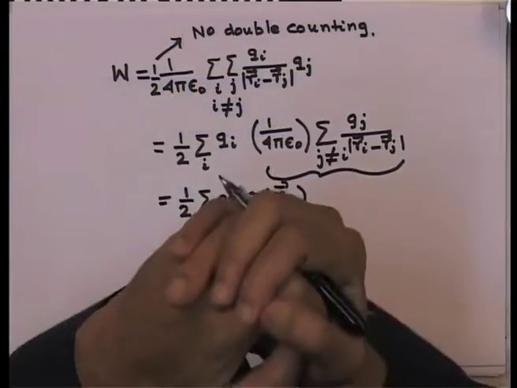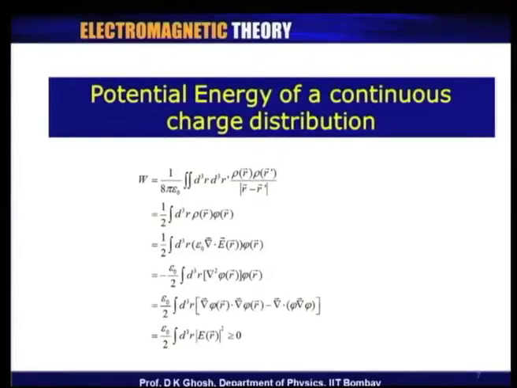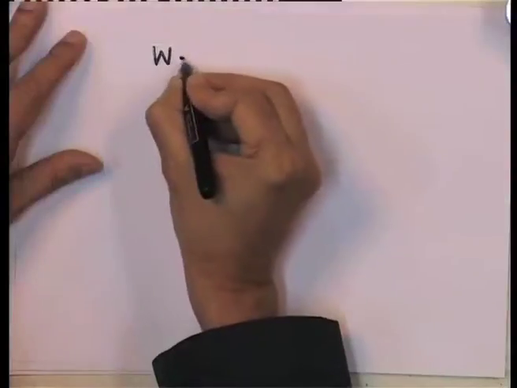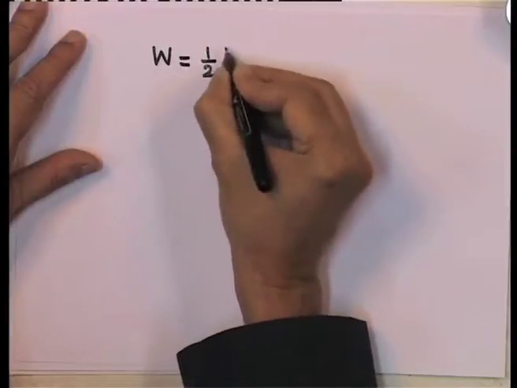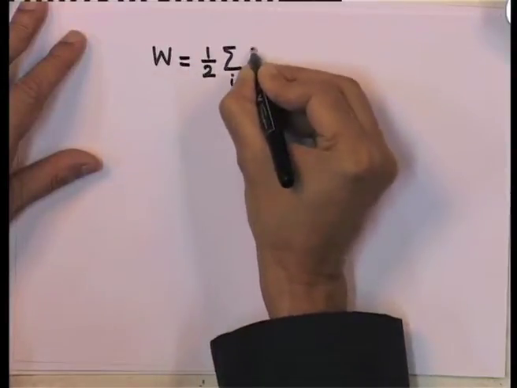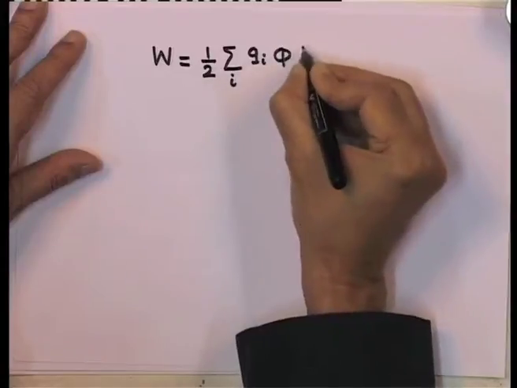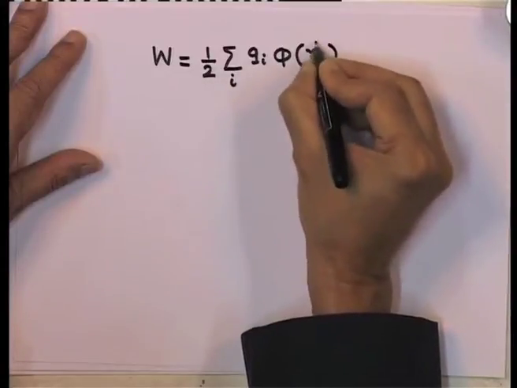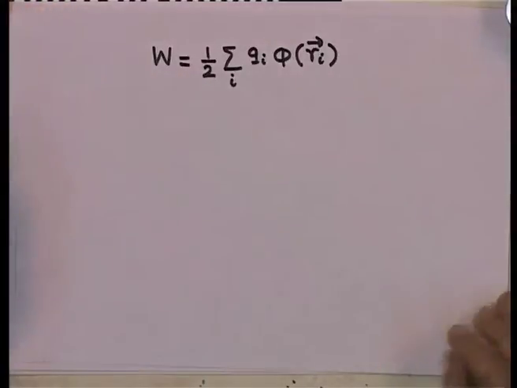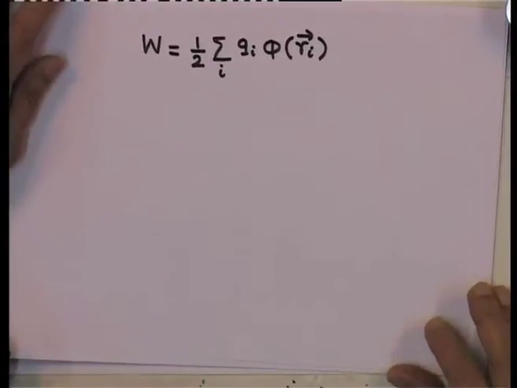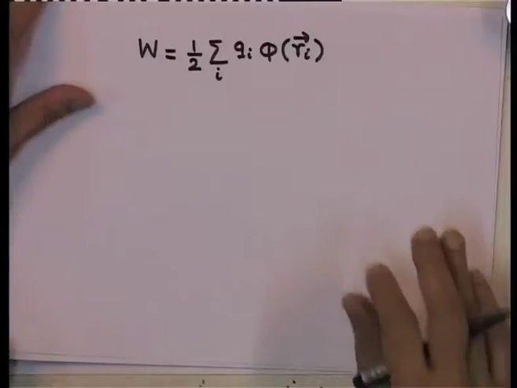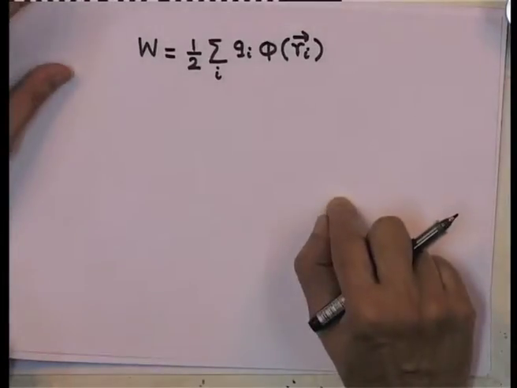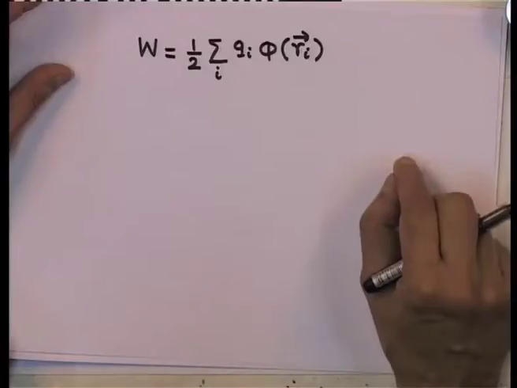Now, what happens if I have a continuous charge distribution? So, for the discrete case, let me write it down again. For the discrete case, the work done is half sum over i Qi times the potential at the position Ri. Now, it is easy to transform this to the case of continuous charge distribution.